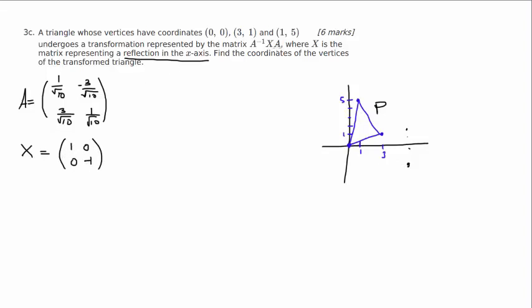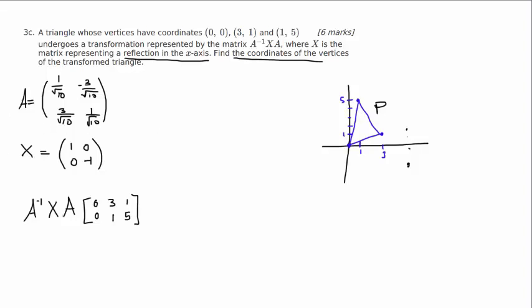So x stays the same, y becomes negative. So there's our matrix X, and then what we're really talking about is A inverse, whatever that might be, times X times A, multiply the matrix that represents the vertices of my triangle, and multiply all that, we'll find the coordinates of the vertices of my transformed triangle.